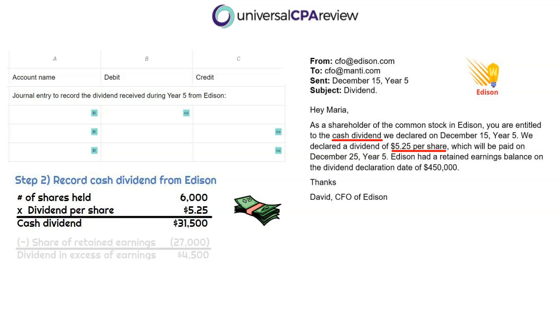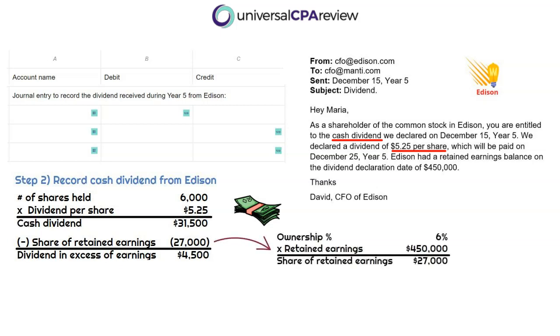Now their actual share of the retained earnings, and dividends that are considered ordinary or non-liquidating, are paid out of the current year retained earnings. Anything in excess would be considered a return of capital or a liquidating dividend. Well, 6% of the $450,000 retained earnings before the dividend means their share of retained earnings was only $27,000, assuming all of that retained earnings was paid out.